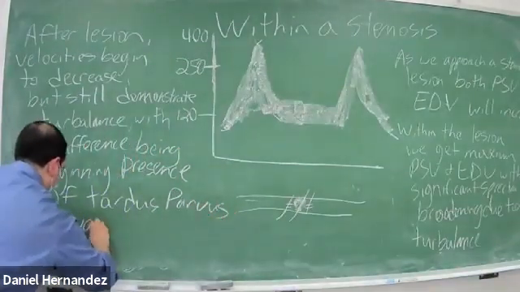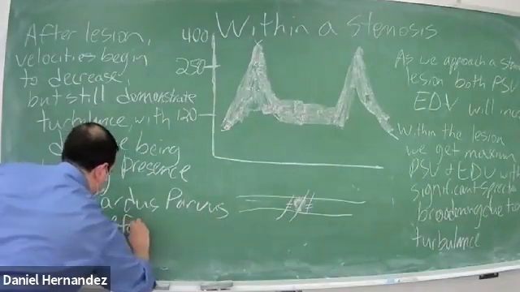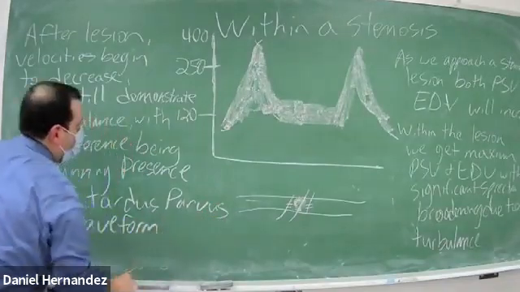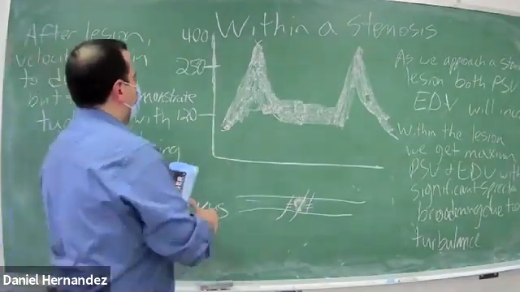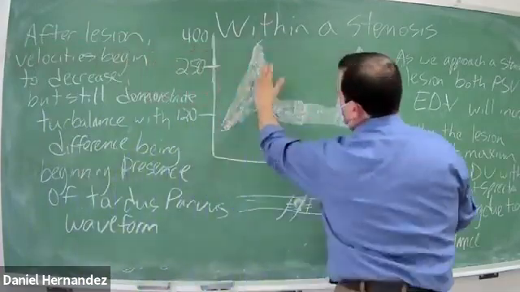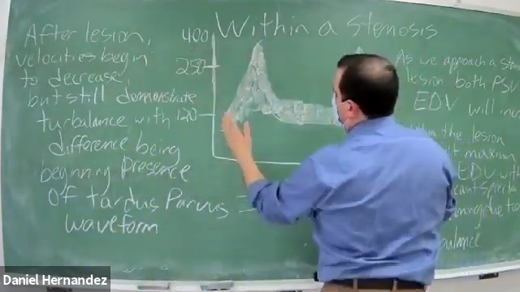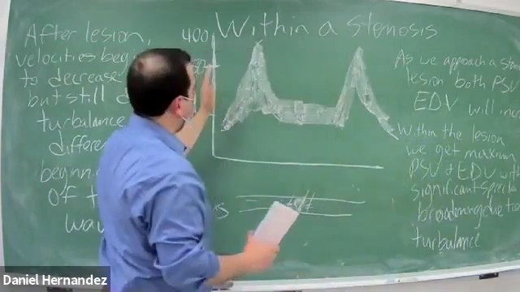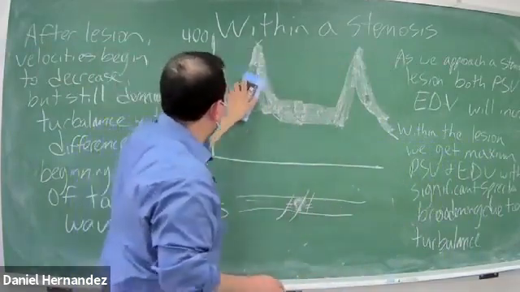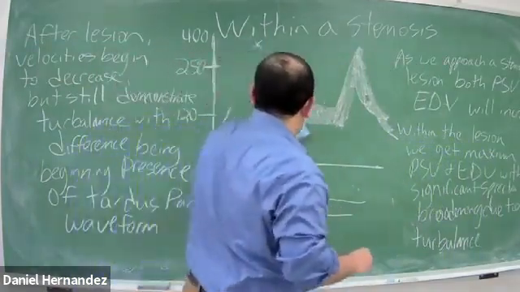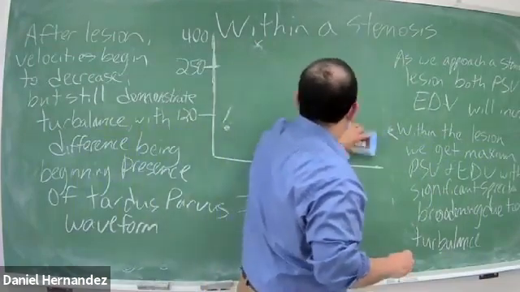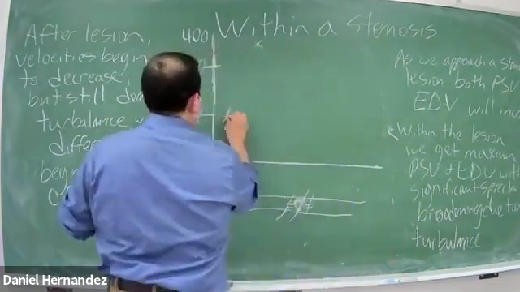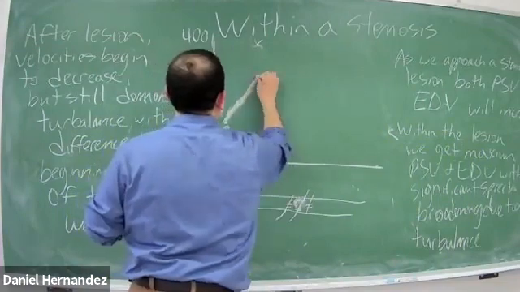What that means is once we pass this stenosis, we're going to start noticing that the slope of our systolic upstroke becomes less and less. After that stenotic lesion, we may still have fairly fast velocities, but that slope is more decreased.